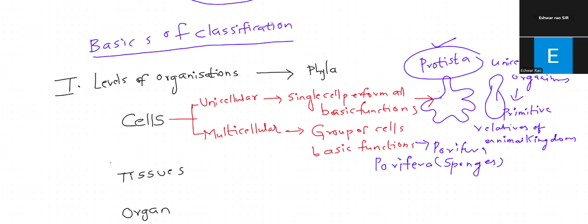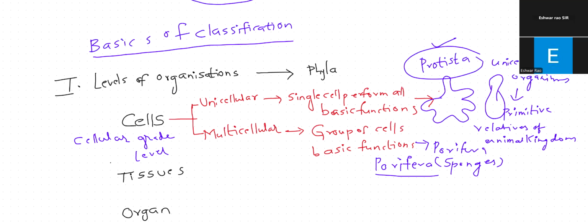We can say cellular grade or cellular level of organization, it doesn't make any difference. So the cellular grade of organization is seen in phylum Porifera. Right.